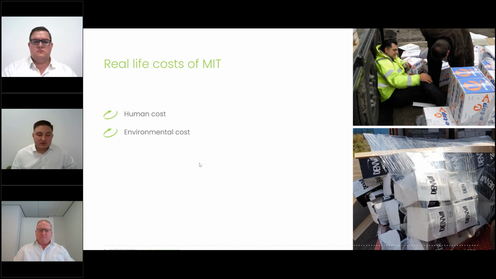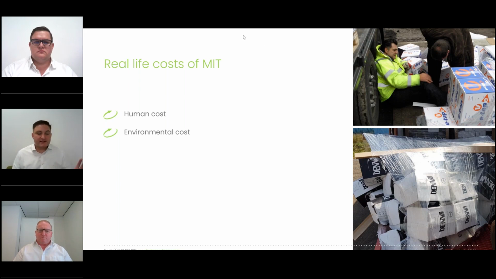And then we started to dig into it a bit further, and we actually ran through a project to have a look at what could be done. And by changing the stack pattern of the product and improving the transit packaging, we were able to safely increase the load size from 60 boxes per pallet up to 96. And that, in doing so, increased the load utilization of the trucks, which actually reduced the carbon footprint by 39% on that particular product.